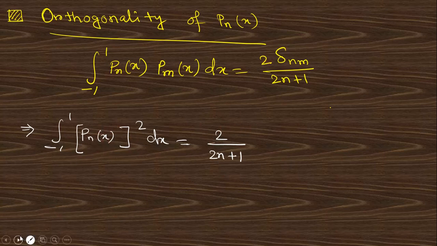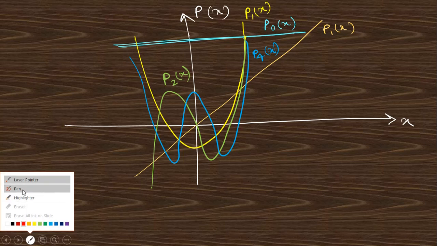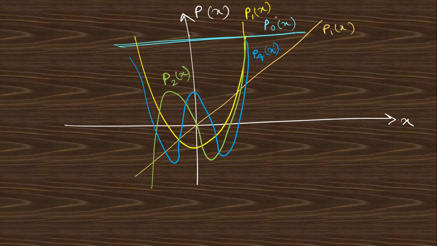This is a special function. And if you want to draw the curve, P0(x) is 1, so this is constant, P1(x) is x, so this is a straight line, P2(x) is a parabolic curve like this. We need to correct this: this was P1(x), this is P2(x), this is P3(x), this is P4(x).